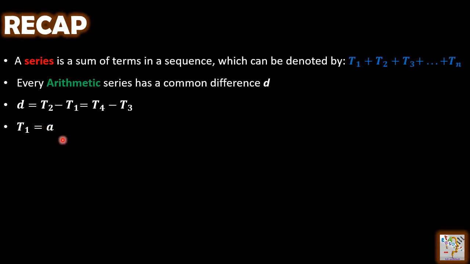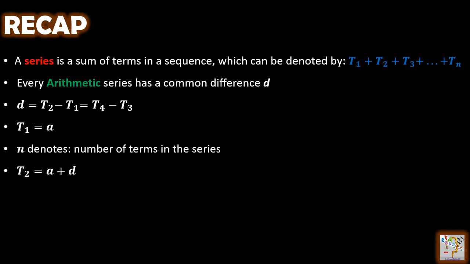Because in the formula we deal with a, we need to acquaint ourselves with using a instead of T1. Another thing is that n will always denote the number of terms in the series. We need to know how many terms we are summing, and that number of terms is represented by n.